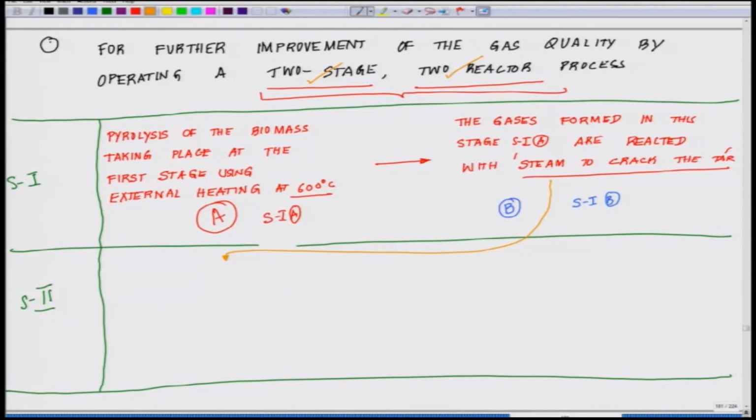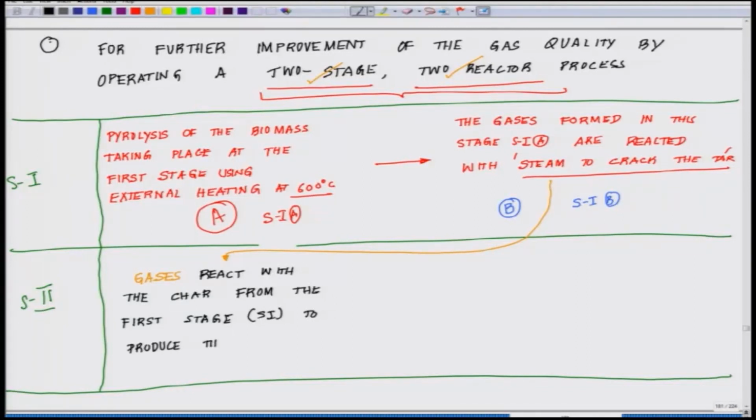So, gases react with the char from the first stage or S1 to produce the final product gas.